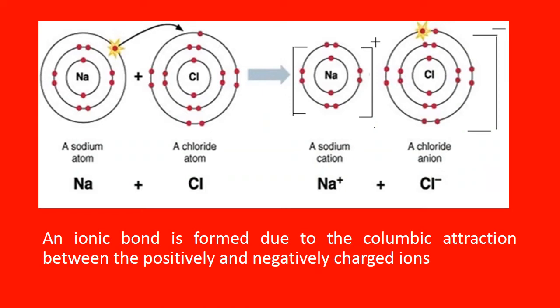Sodium forms a positively charged ion and chlorine forms a negatively charged ion. There is an electrostatic force of attraction between these two oppositely charged ions. This electrostatic force of attraction between positively charged and negatively charged ions is called an ionic bond.